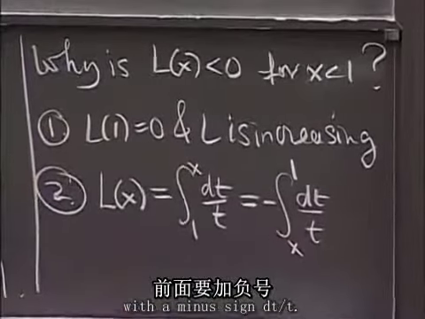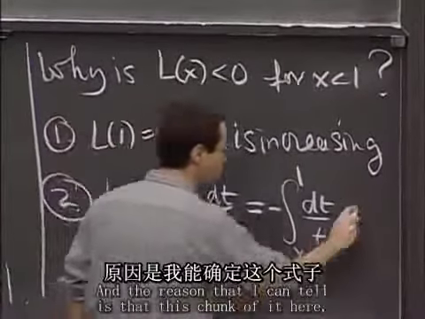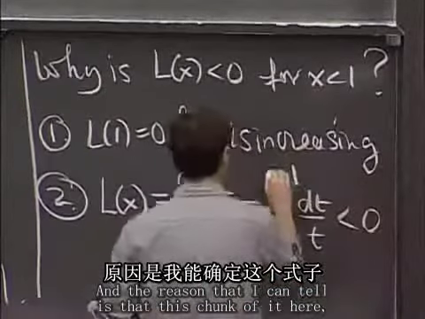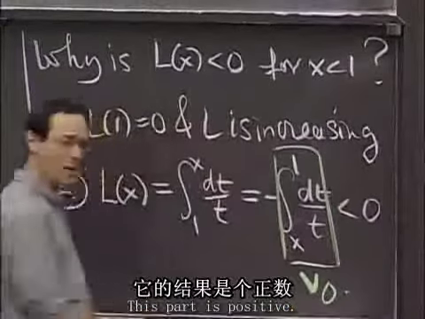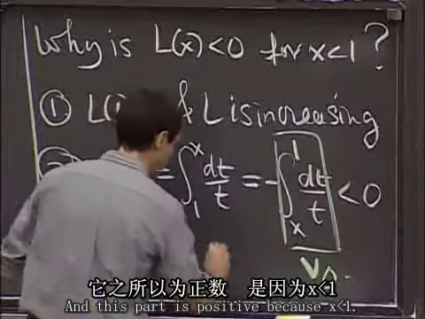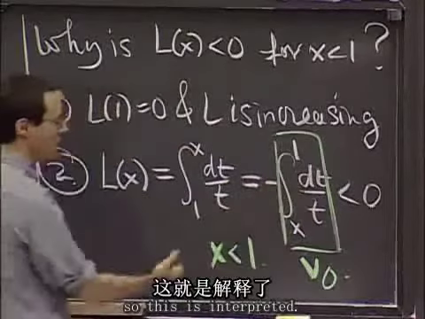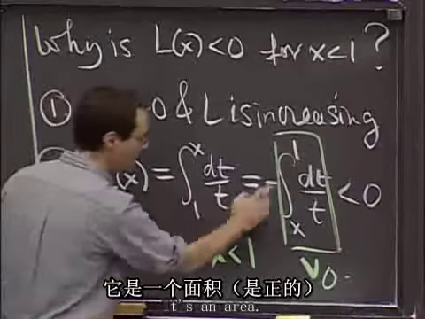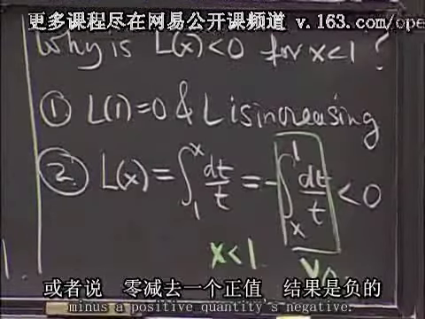Now, I can tell that this quantity is negative, and the reason is that this piece of it is a positive number. And this part is positive because x is less than 1. So the lower limit is less than the upper limit, and so this is interpreted as an area. Minus a positive quantity is negative.